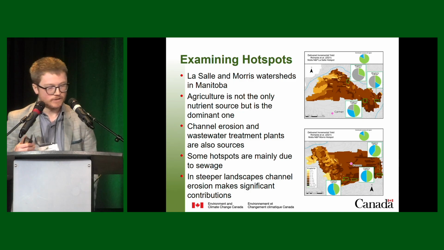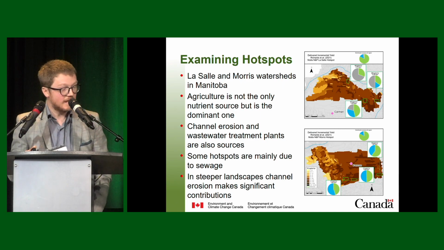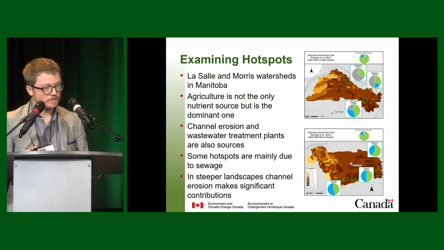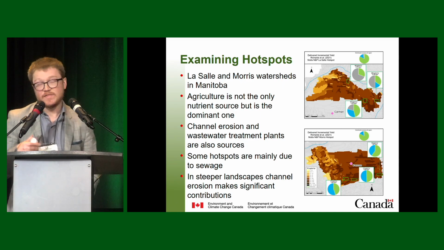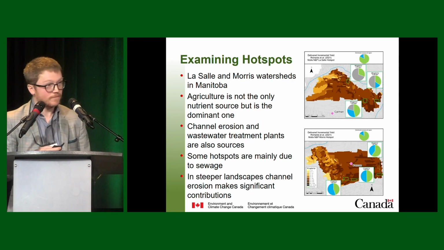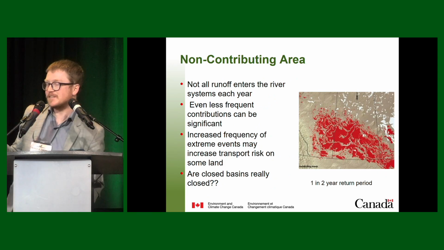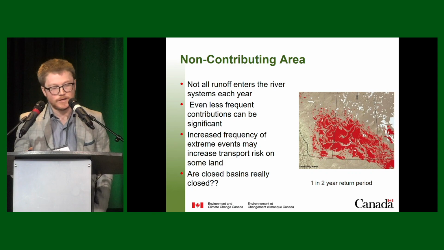We see the impact of channel erosion and wastewater treatment in certain portions, with these hotspots often related to sewage contribution, and then the impact of steeper landscapes making a contribution from channel erosion. We do also note that there is a significant non-contributing area as well.